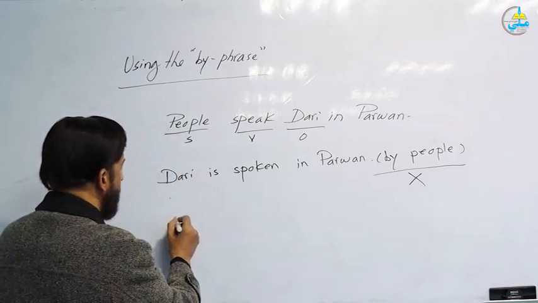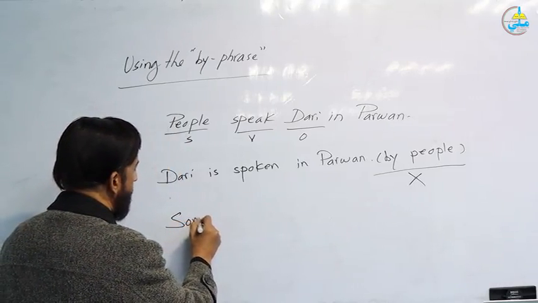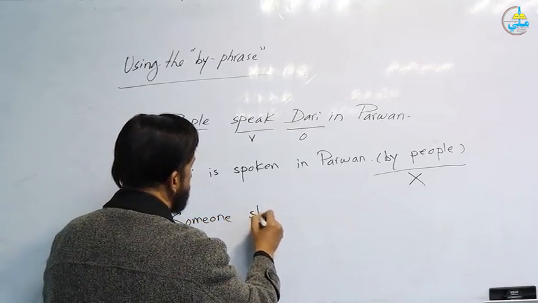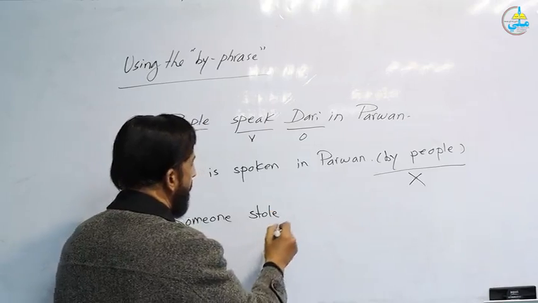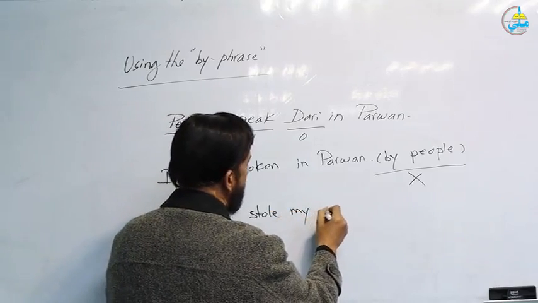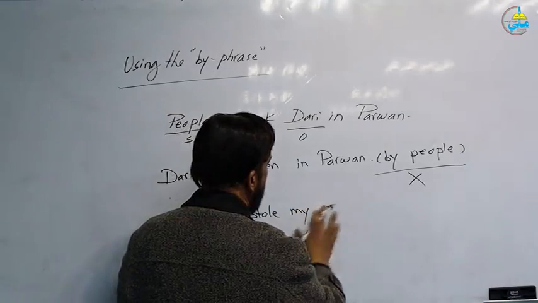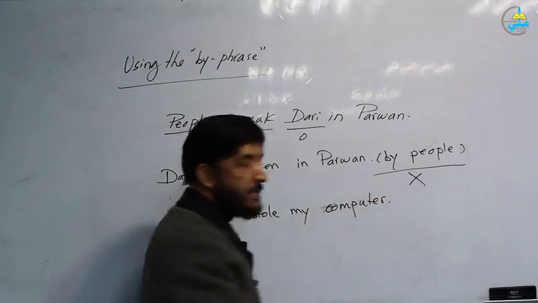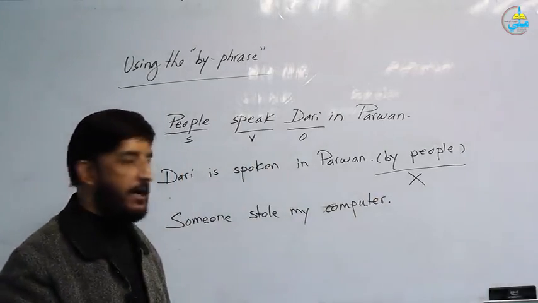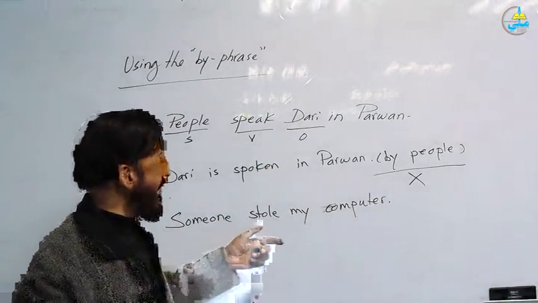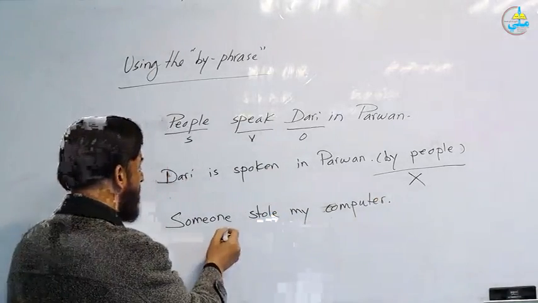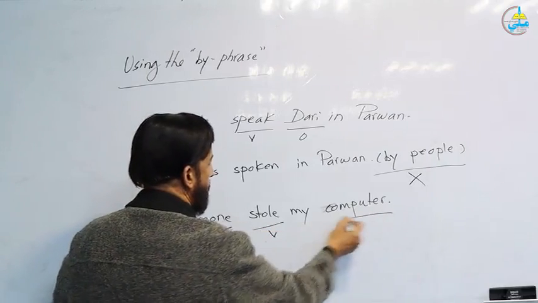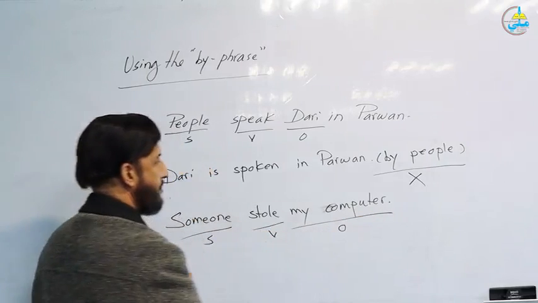Another example. Someone stole my computer. Someone is subject, stole is verb, my computer is object.